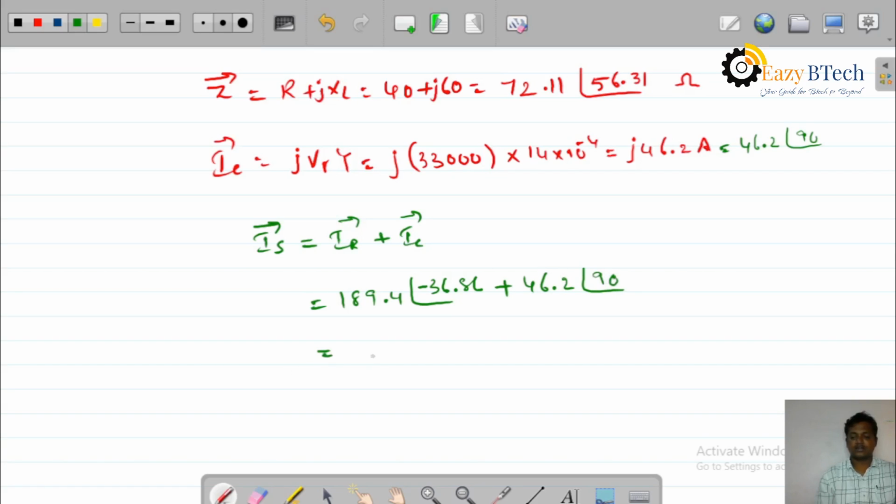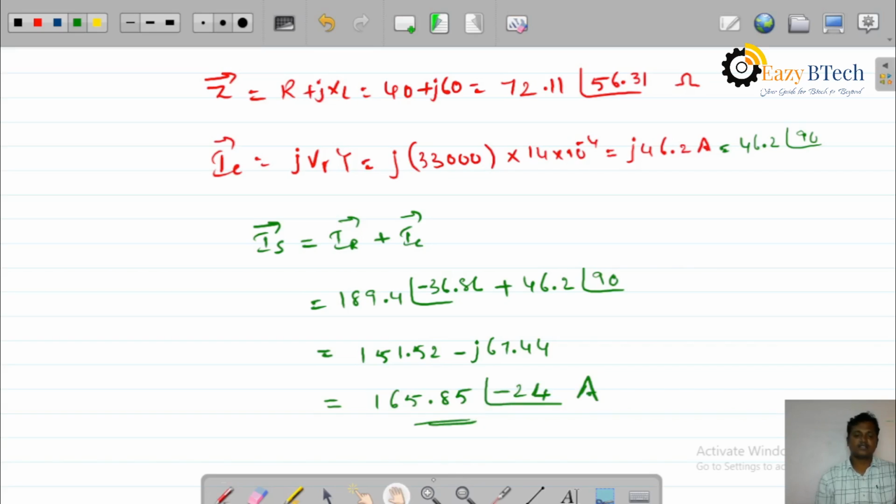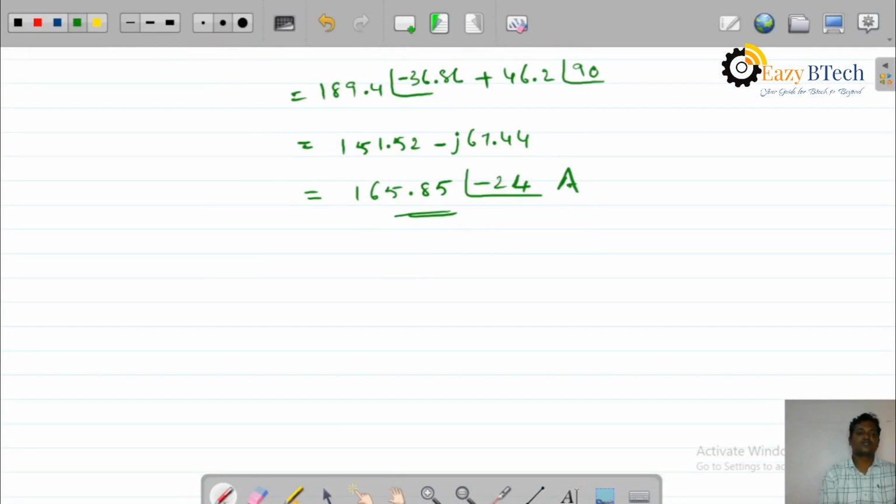You get the current as 151.52 minus J 37.44. To convert this into polar, you get 165.85 at an angle minus 24 amperes. Okay, this is IS.